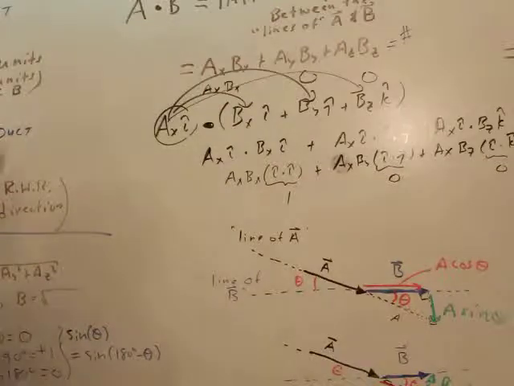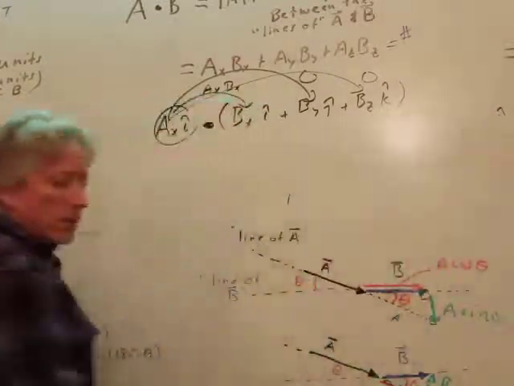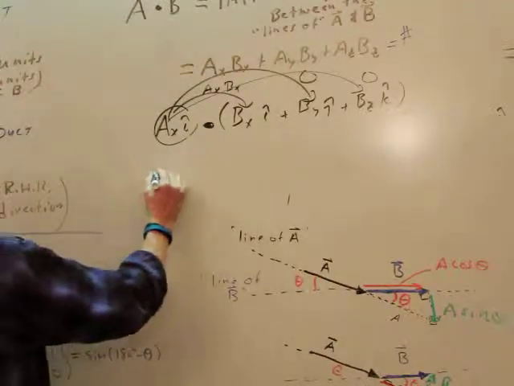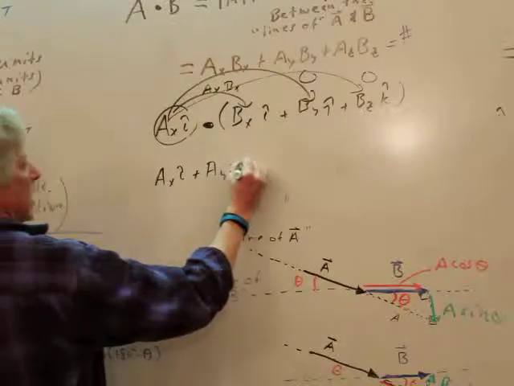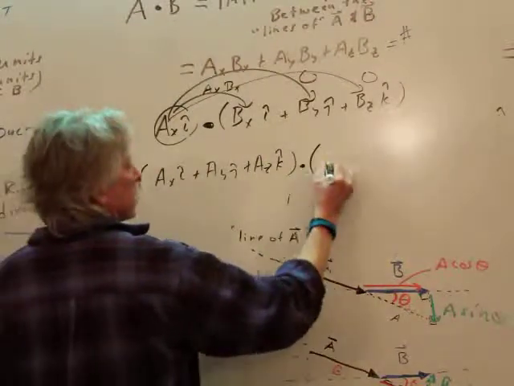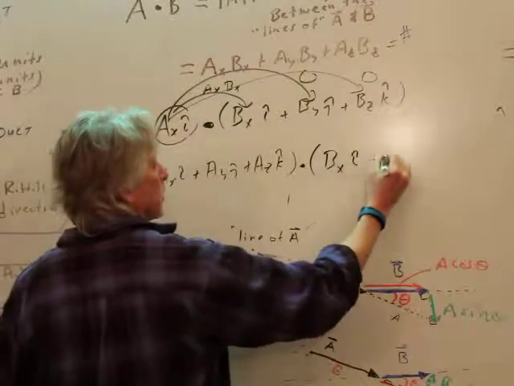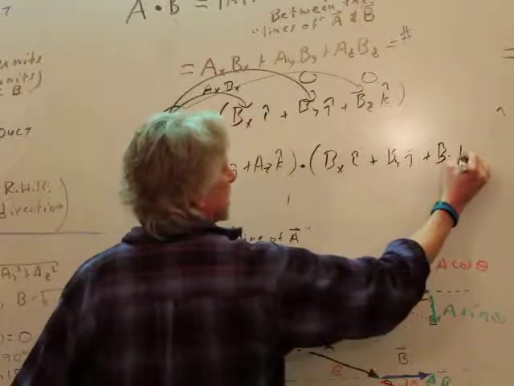And so consequently, I could do this whole deal. I could say ax I hat plus ay j hat plus az k hat dotted with vector b in component form, bx I hat plus by j hat plus bz k hat.